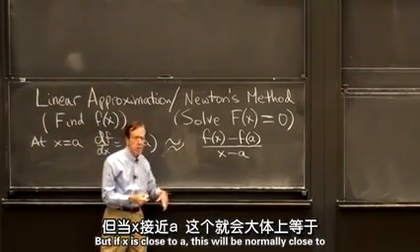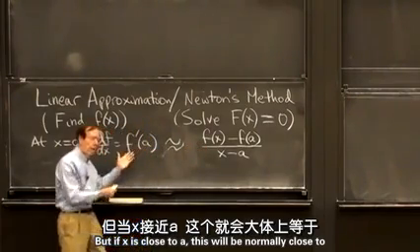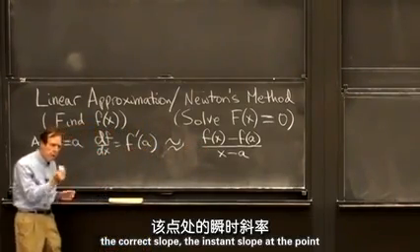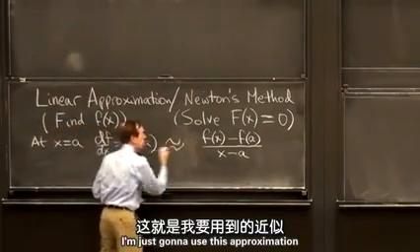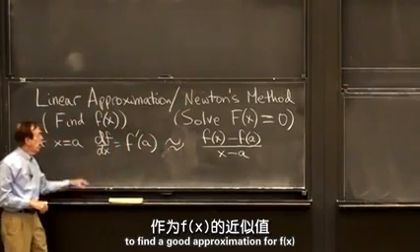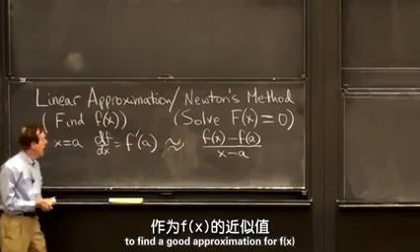But if x is close to a, this will normally be close to the correct slope, the instant slope at the point. I'm just going to use this approximation to find a good approximation for f of x.